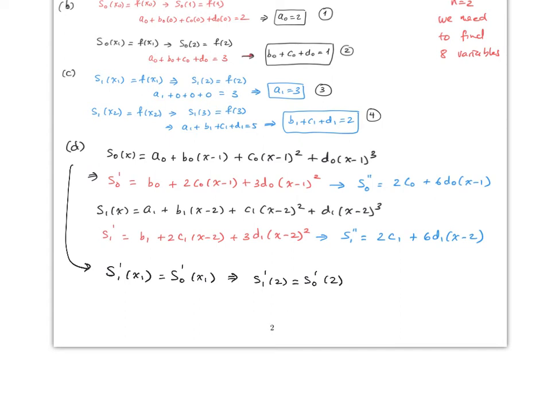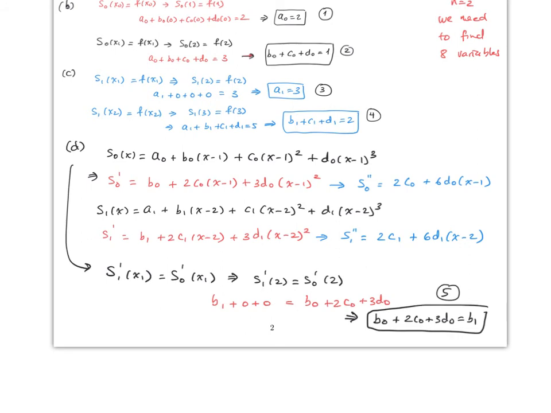So this means b1 plus 0 plus 0 has to equal b0 plus 2c0 plus 3d0, and from here we get equation number 5, which will be this: b0 plus 2c0 plus 3d0 equals b1, and this is equation number 5.